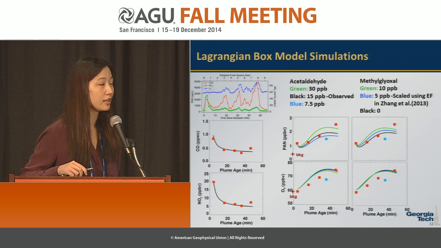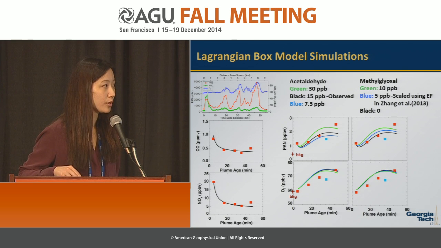Therefore, we guessed the initial emission of methylglyoxal to be about 5 ppb using the existing emission factor. Then we decreased the concentration to 0 and also doubled the concentration to see the influence of methylglyoxal. We found that the concentrations of these two oxygenated compounds have some leverage on PAN formation, but have little effect on ozone.